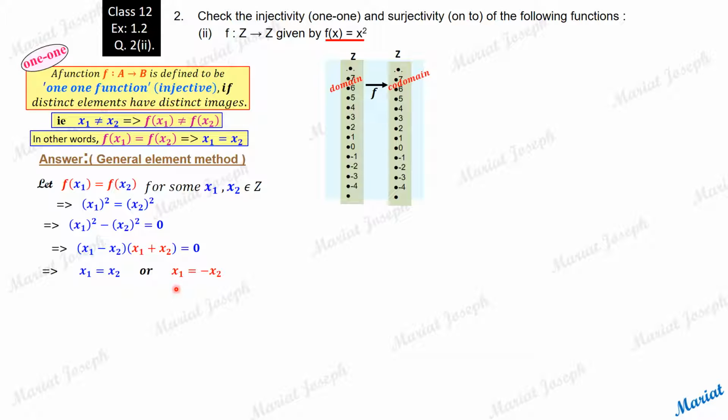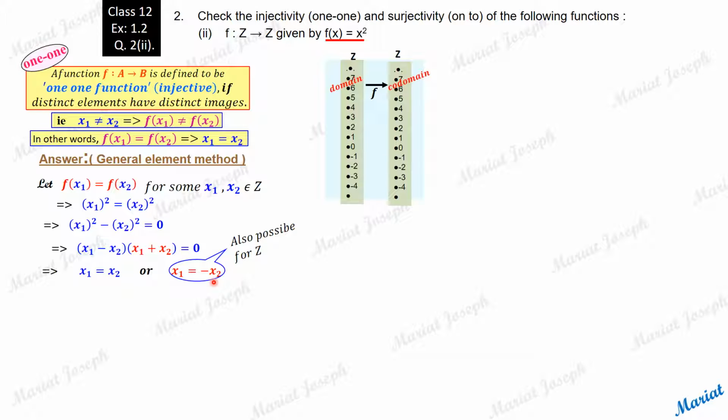Now you see here, x1 and x2 can be of opposite sign because we have all positive and negative numbers here. So x1 is equal to minus x2 is possible because x1 and x2 are taken from the set of integers, which includes positive as well as negative numbers.